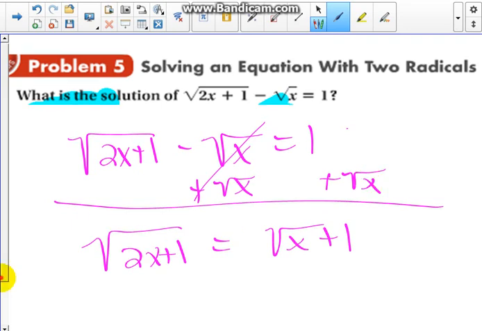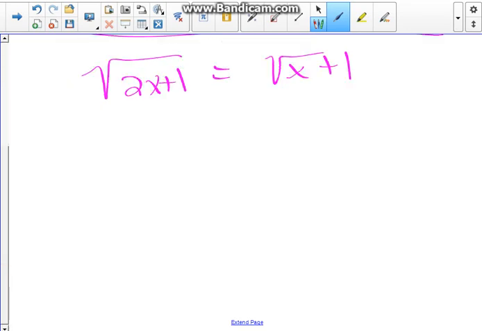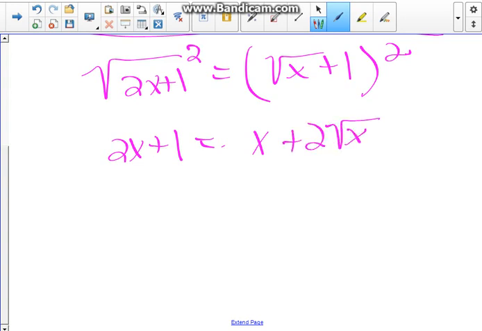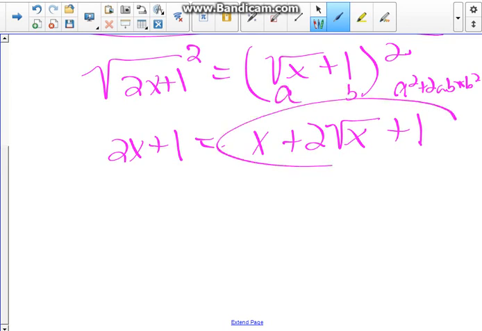So my next step is to clear the radical sign. So I'm going to square each side. And that leaves me with 2x plus 1 equals, and now I'm going to do my binomial squared formula. So radical x squared is x, and then plus 2 radical x plus 1. And that is just the a squared plus 2ab plus b squared, right? And that's my a and that's my b. That's how I got this.